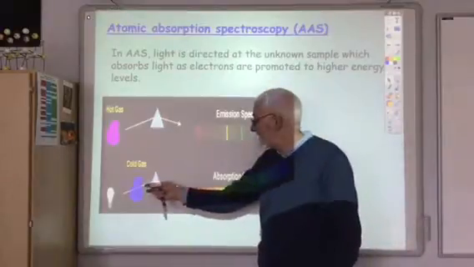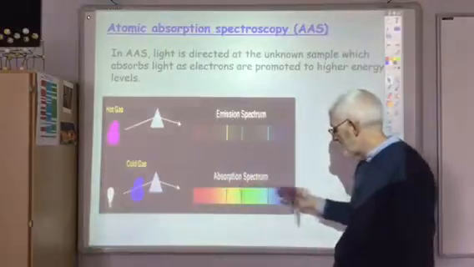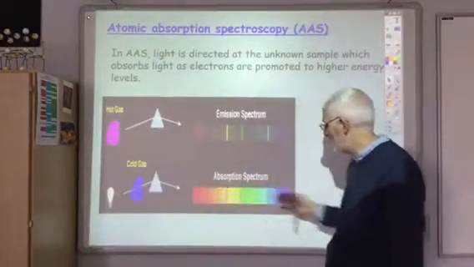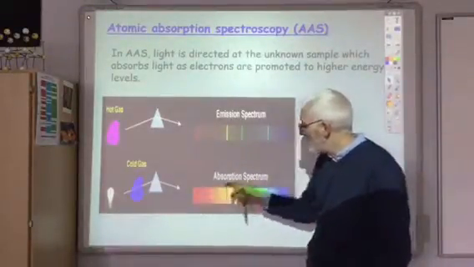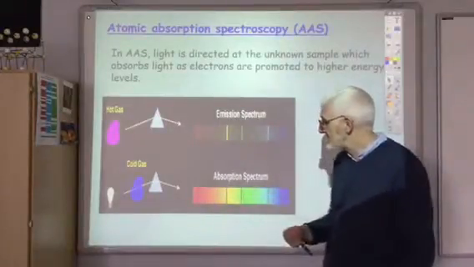And then if we pass the light that passes through the gas through a prism, we get the spectra going from red to blue, but with a few wavelengths missing, because these wavelengths have been absorbed by the gas.